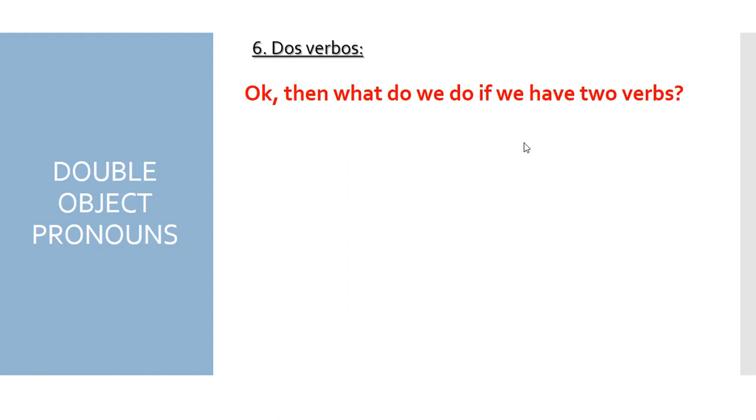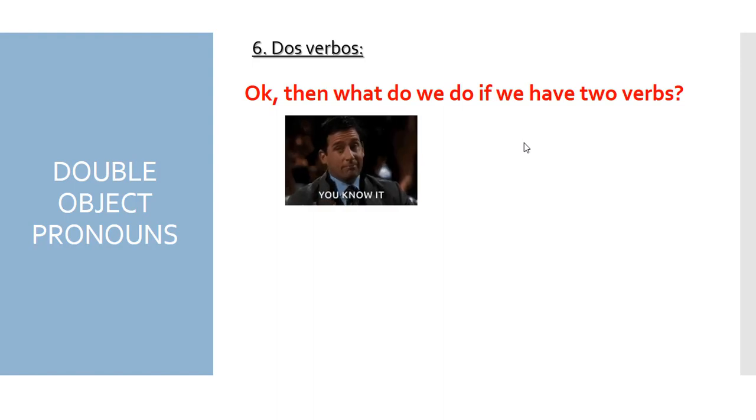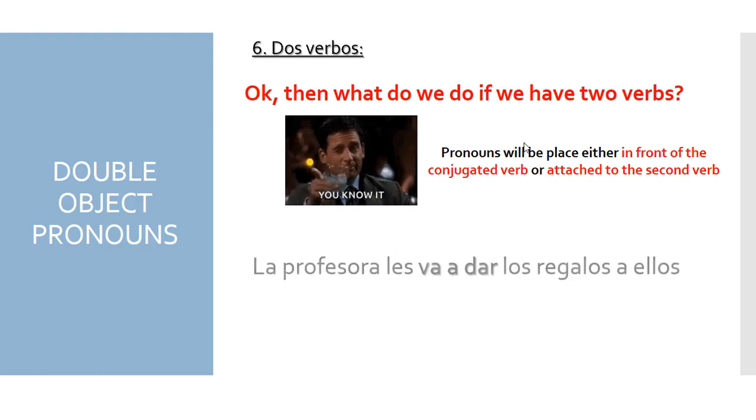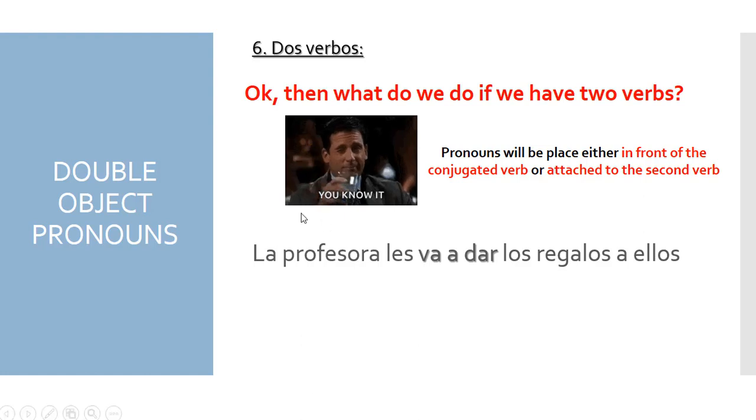When we have two verbs, we've seen this before, we always do the same thing. We either put the two pronouns in front of the first verb, or attached to the second verb. So, la profesora is going to give the gifts to them. To them is already there, les, the pronoun is there.